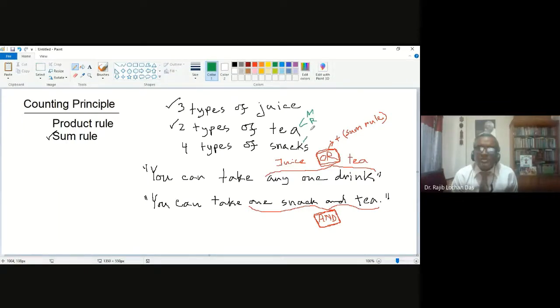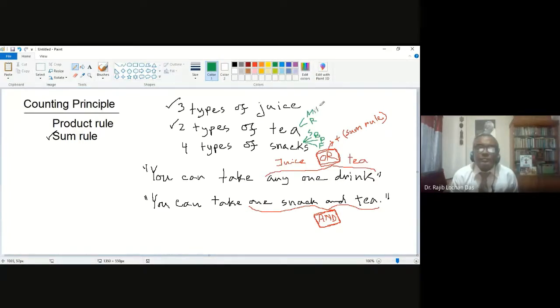One is singara, one is biscuit, one is puri, and one is, say, fruit. So there are four types of snacks available, and two types of tea. One is milk tea, one is raw tea.